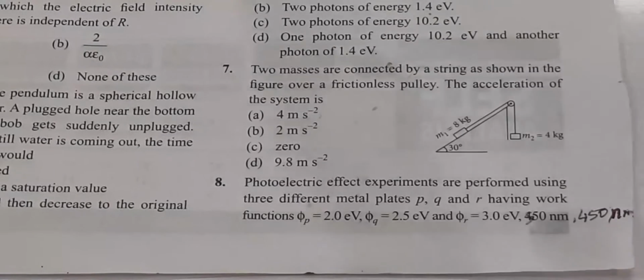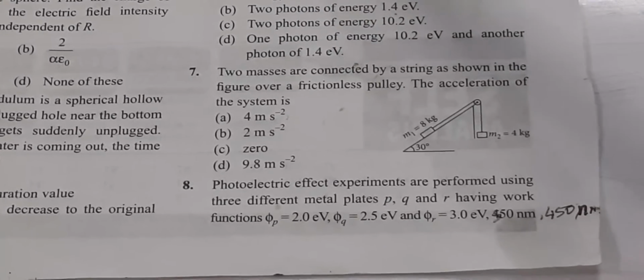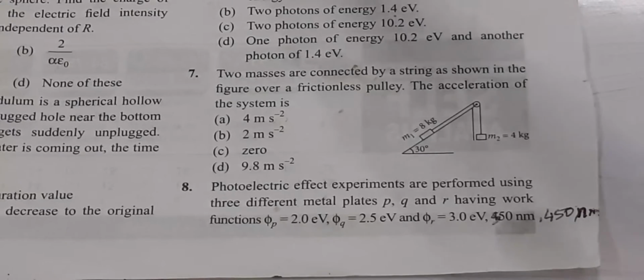Next job, photoelectric effect experiments are performed using three different metal plates, P, Q, R, having work function 2 electron volt for P, for Q 2.5 electron volt, and for R it is 3 electron volt.